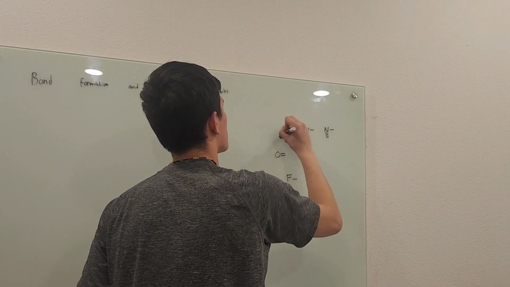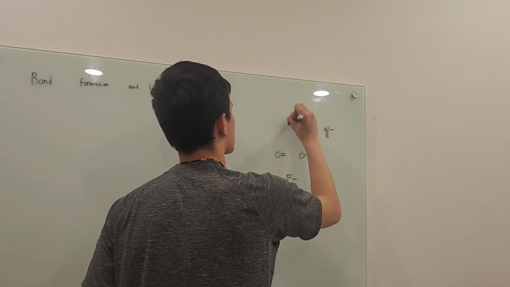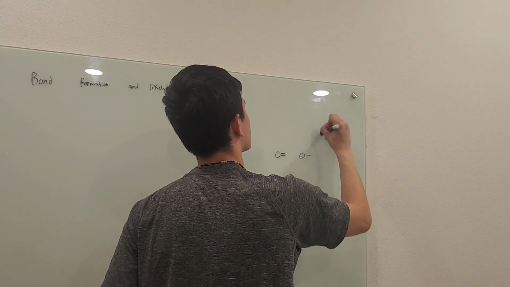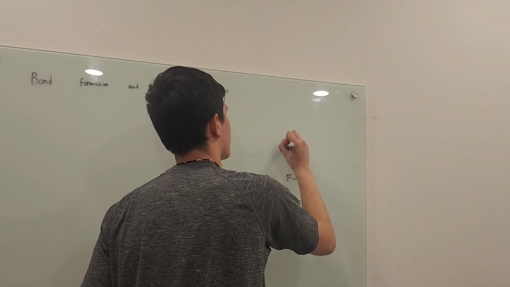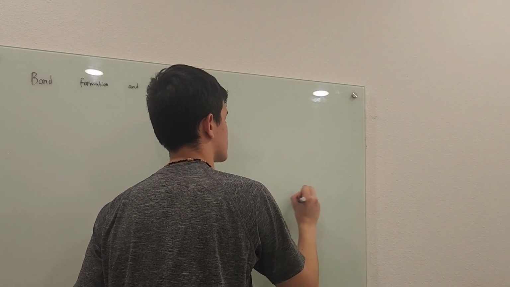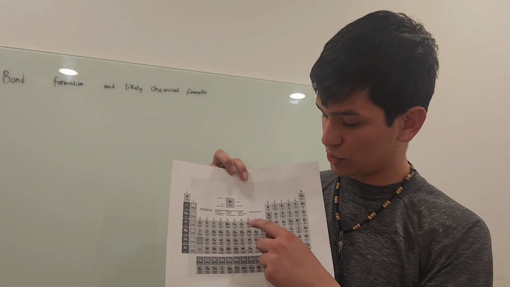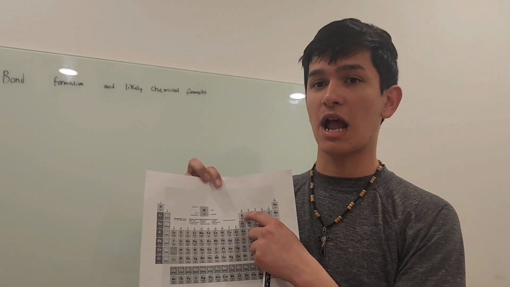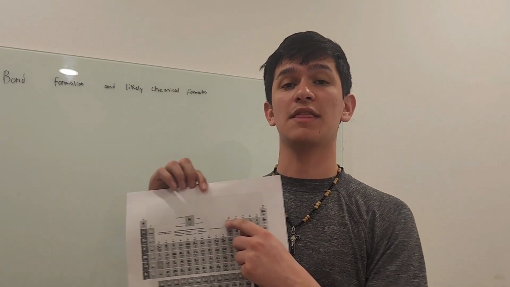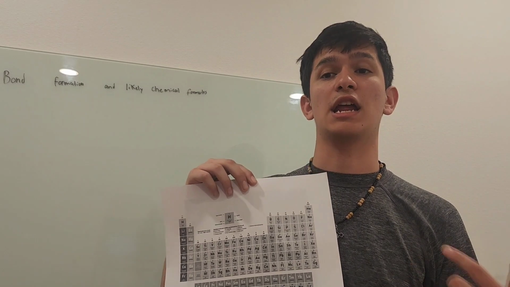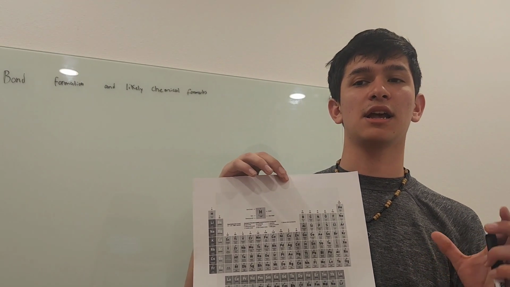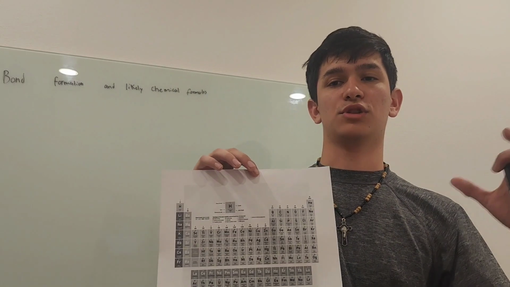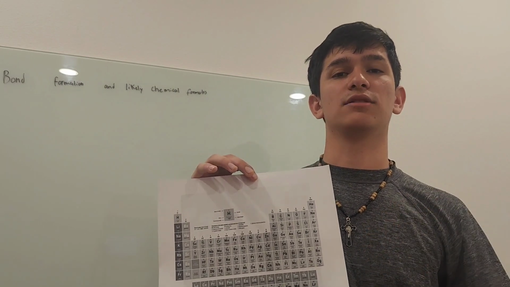Right? So whenever we're trying to guess likely chemical formulas, we have to keep in mind how many bonds the elements like to make based on their valence electrons. Group 1 to 13, they usually like to make ionic bonds, which means that they transfer or give out their electrons.